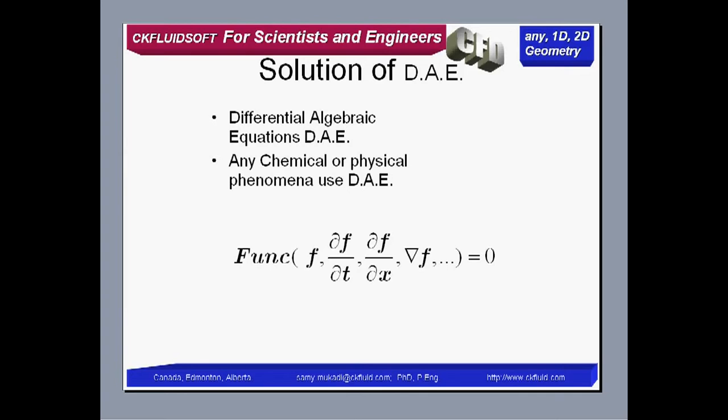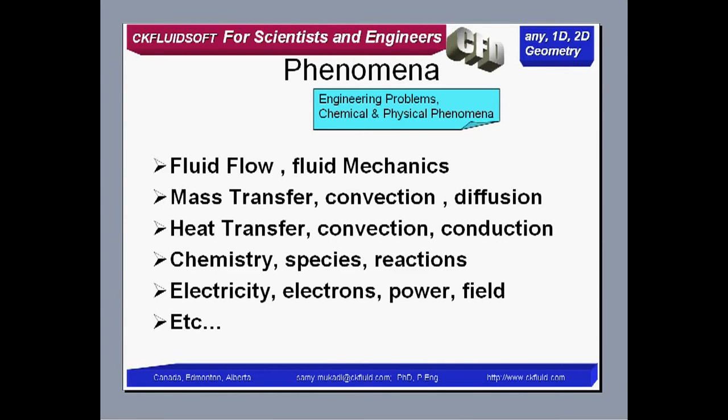Basically speaking, any chemical or physical phenomena that scientists and engineers deal with can be described as a set of differential and algebraic equations. Those phenomena may include anything from the fluid flow, fluid mechanics. They may include mass transfer, convection and diffusion included.